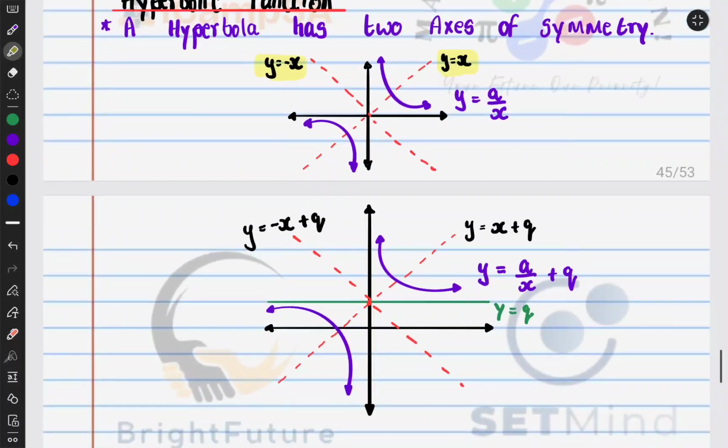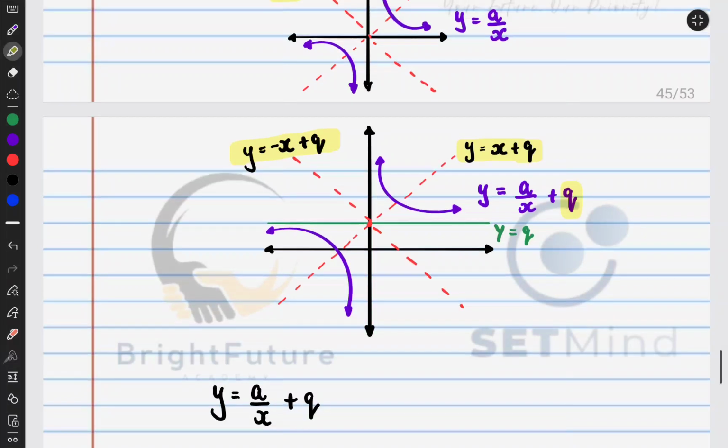But once this has been shifted, we also have to account for the shift, and we know that the shift is represented by the value of q. So the new equation for the decreasing axis of symmetry is going to be y is equal to negative x plus q, and the other one is y is equal to x plus q.